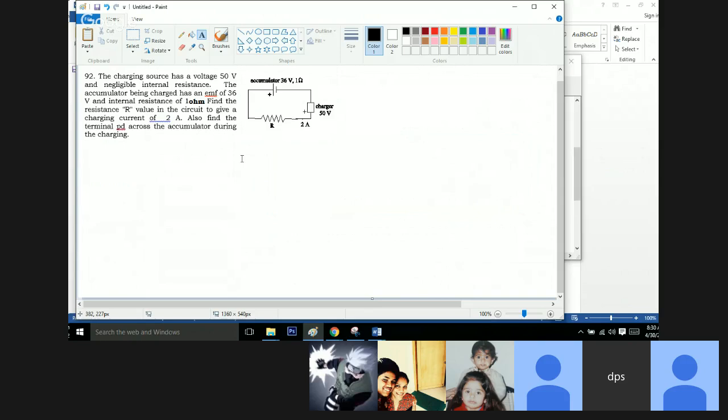Probably you might have solved this in the usual manner, but here you require a little more extra knowledge. When a cell is discharging, I will draw this diagram. A cell connected to a resistor capital R, with EMF E and internal resistance small r, is discharging.